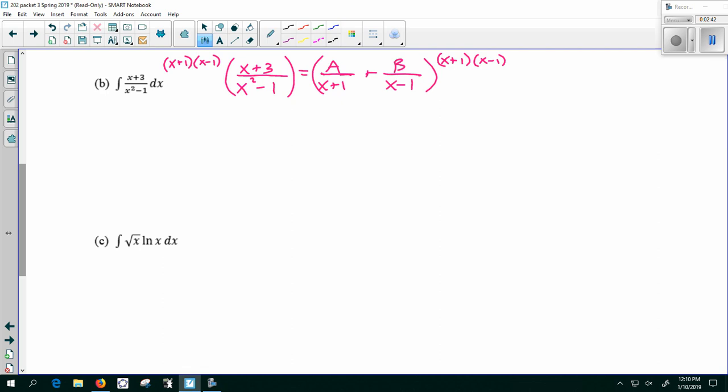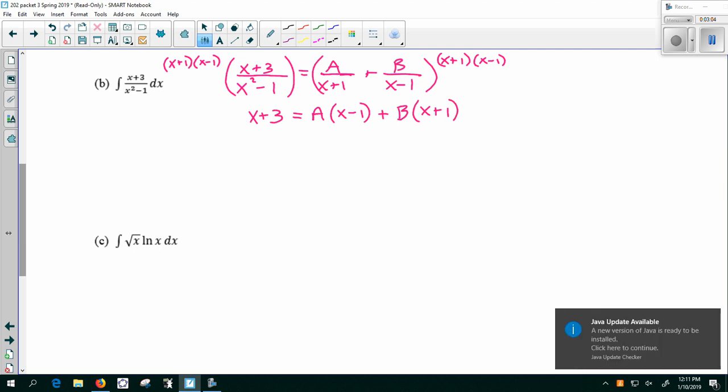Okay, so on the left, the entire denominator cancels and you get x plus 3. And on the right, with my a fraction, the x plus 1's cancel, and I'm left with a times x minus 1. And with my second fraction, with the b, the x minus 1's cancel, and I'm left with b times x plus 1.